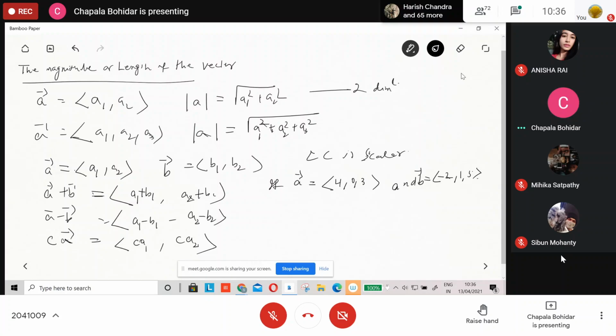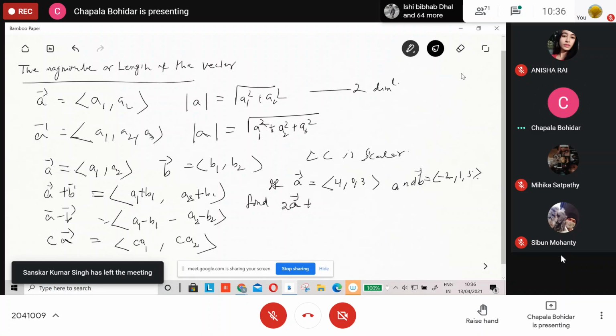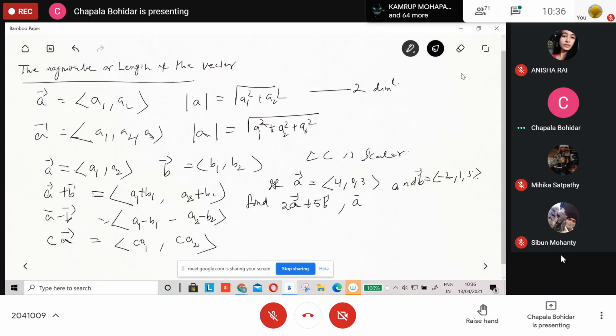Then find A plus 5B, A minus B, then 3B, a scalar multiple. Tell me the answer.